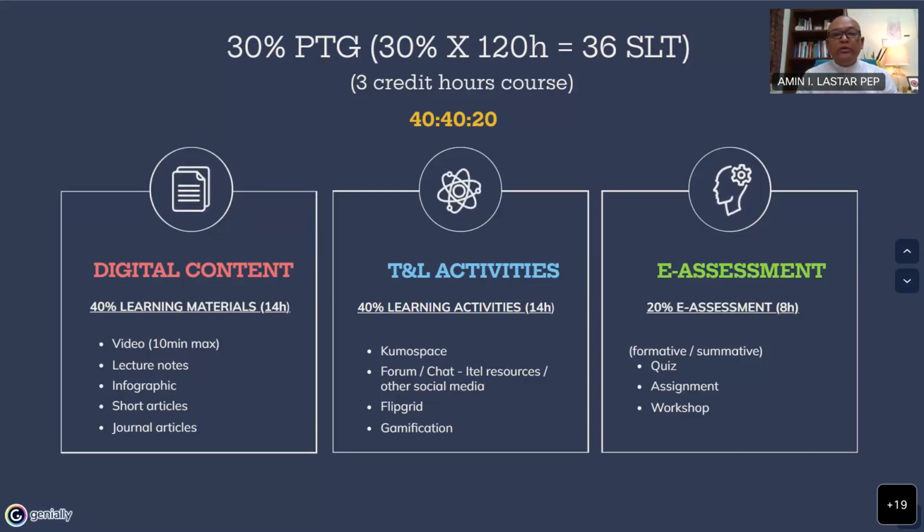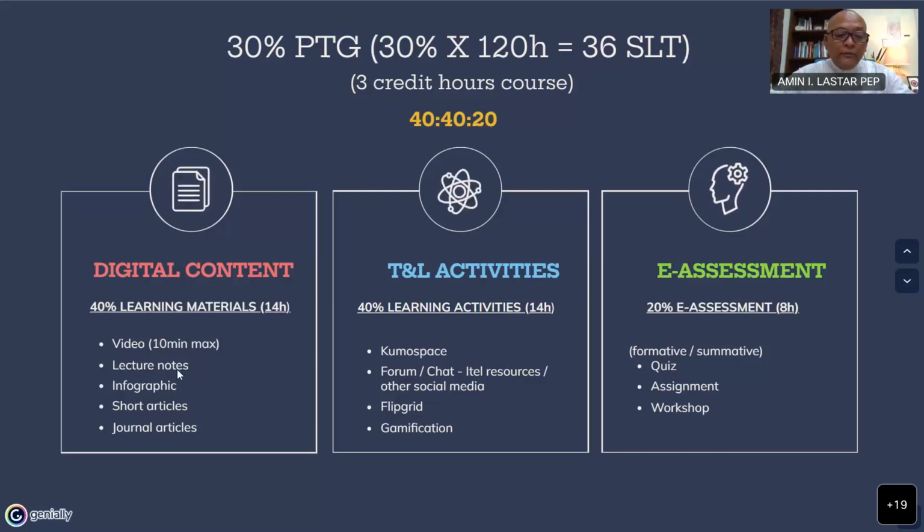We know that when we watch too long a video, it's a little bit boring, and we tend to move it forward, so it's not effective. So that is why 10 minutes is the maximum, and the best should be between 1 to 2 minutes to 3 minutes. That's the best video that we can give.